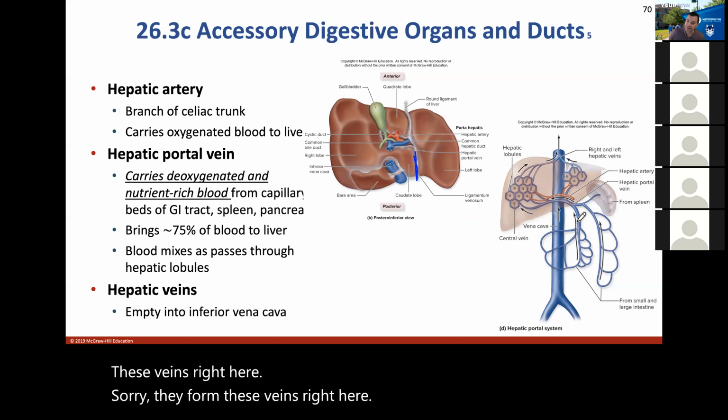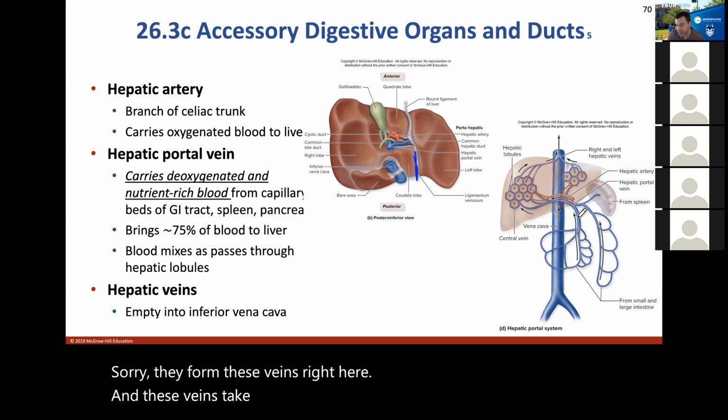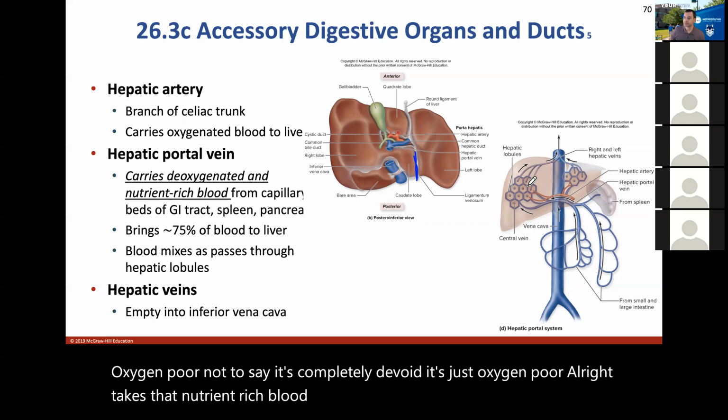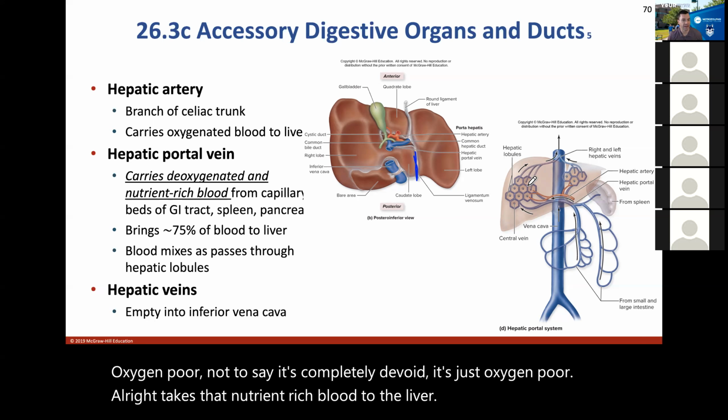And these veins take this nutrient-rich blood, oxygen poor, okay? Not to say it's completely devoid, it's just oxygen poor. It takes that nutrient-rich blood to the liver, and the liver cells can now process all that stuff.